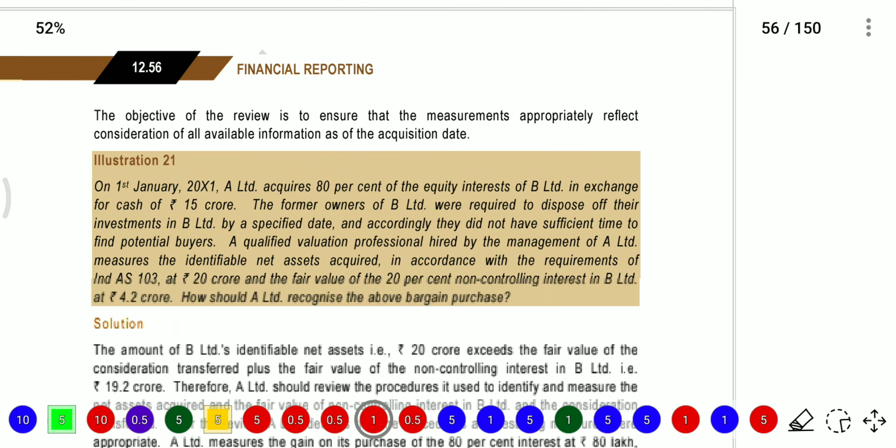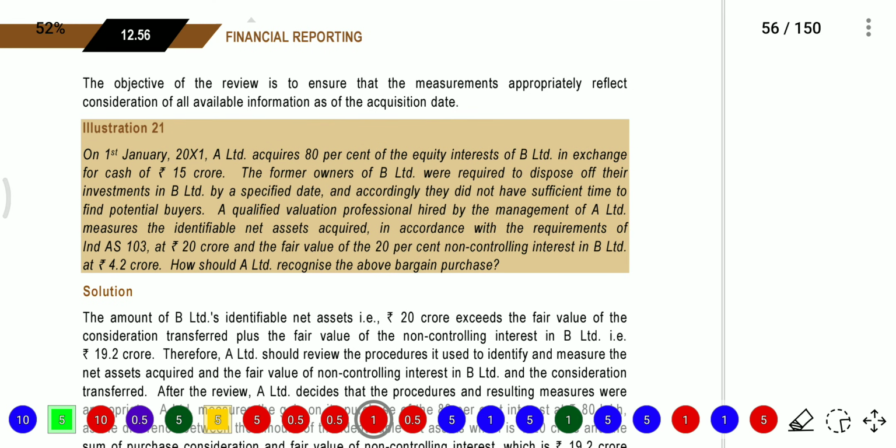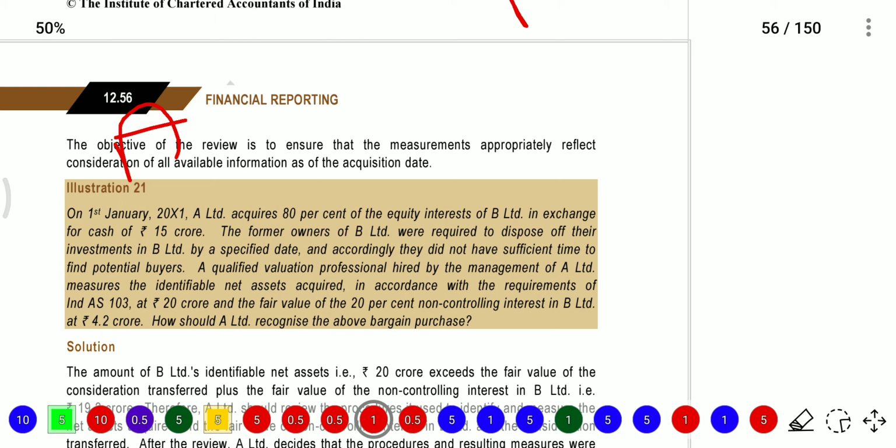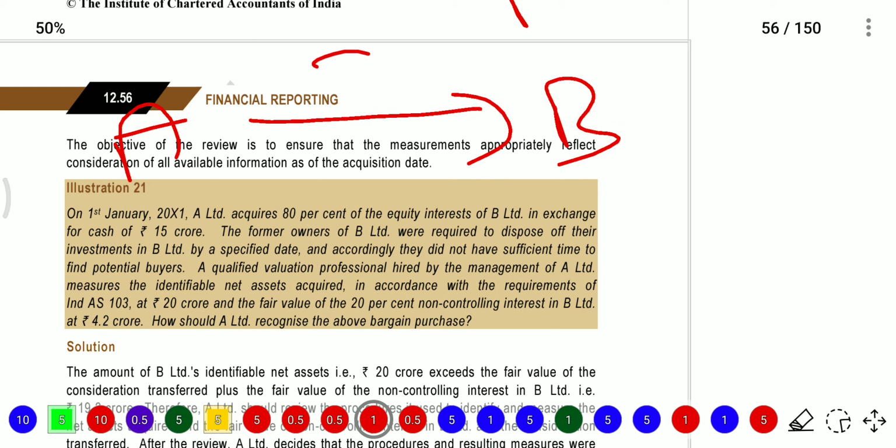In illustration number 21, they provided one company, company A, which acquired 80% in B in exchange for cash of 15 crores.